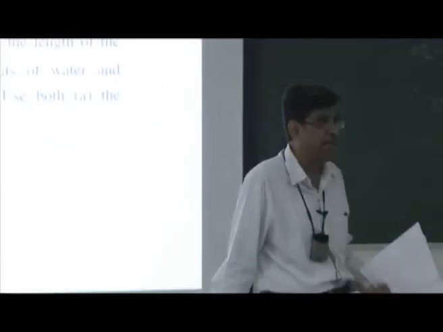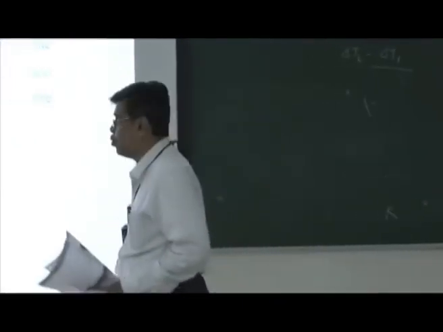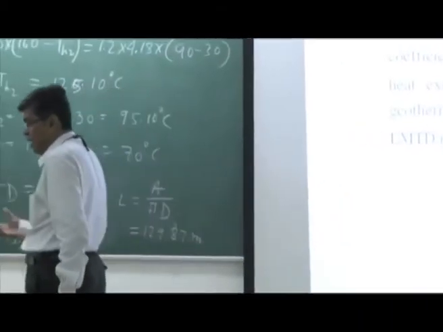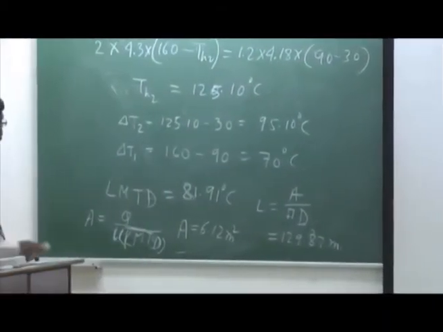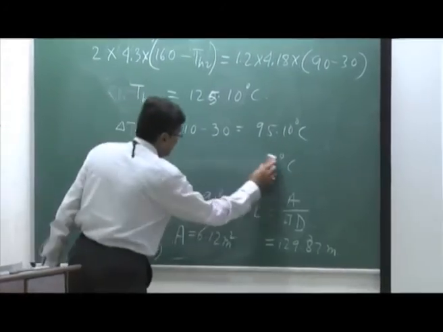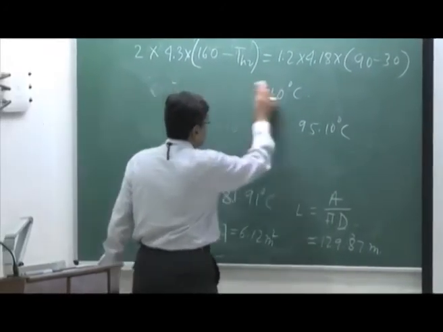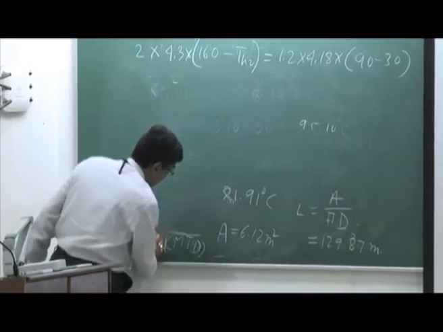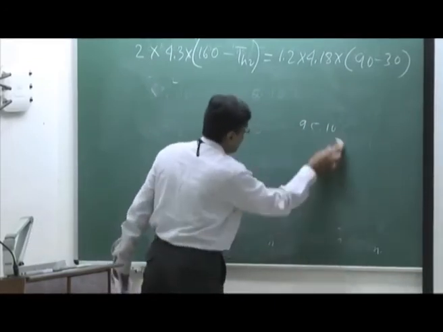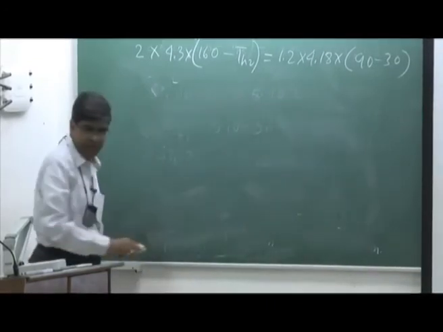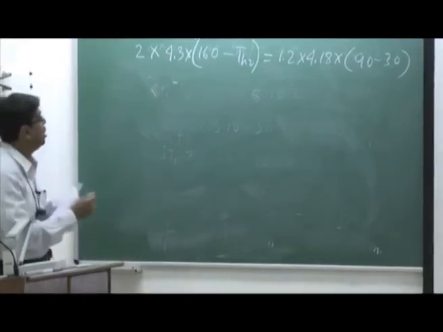Rating is given. But to do it with epsilon NTU, what you have to do, because here epsilon is known, but NTU has to be found out. In epsilon NTU method, what is epsilon?